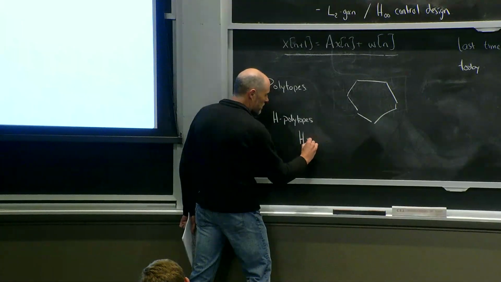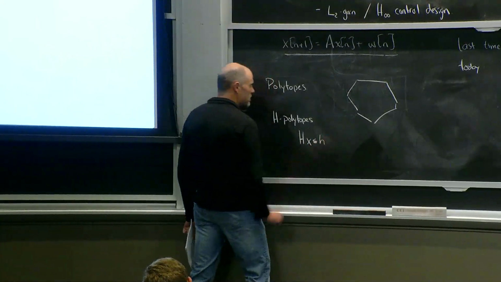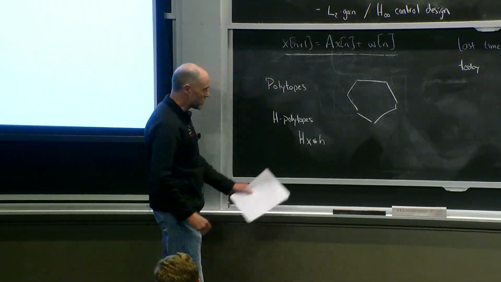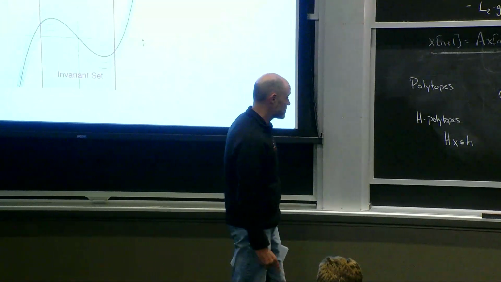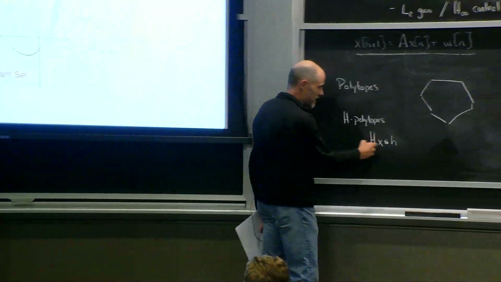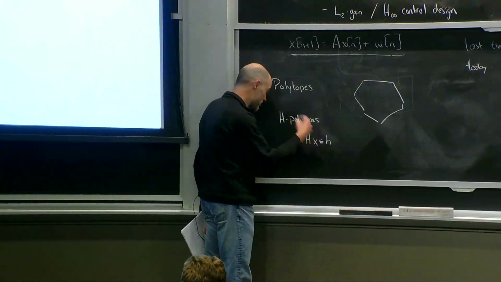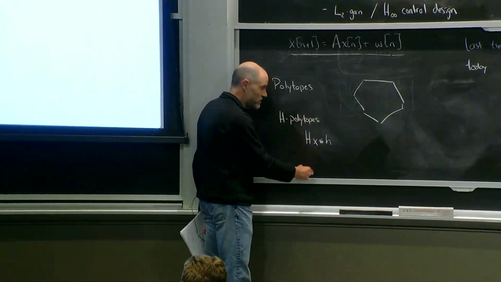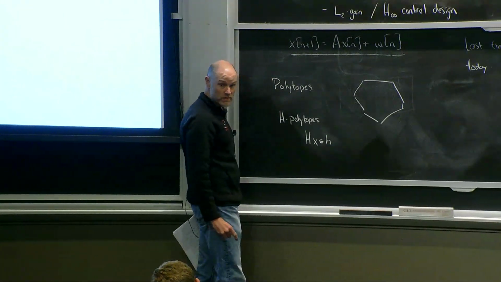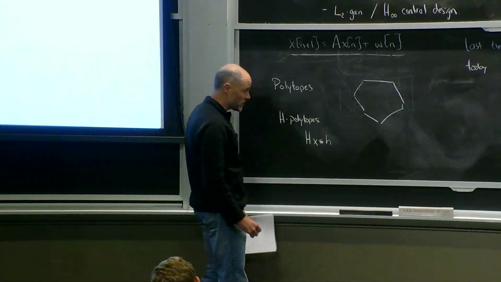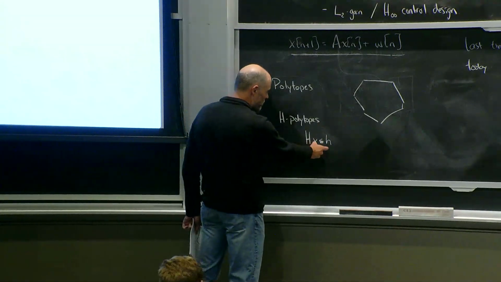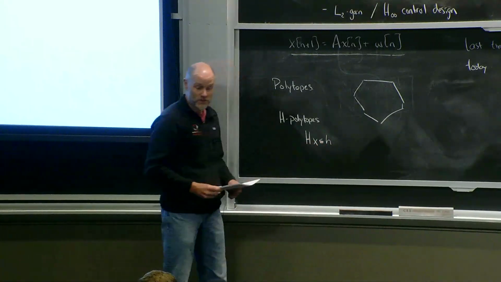So I'll say something like this, Ax less than or equal to b, but I'll just call it H to keep it in the H polytope form. So this is a matrix, this is a vector, this is a list of inequality constraints, and the intersection of them describes a polytope. It's a polyhedron in general, but if it's a closed one, then it's a polytope.